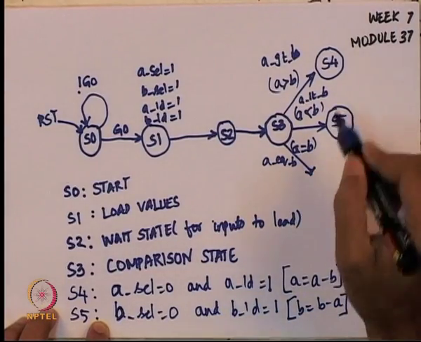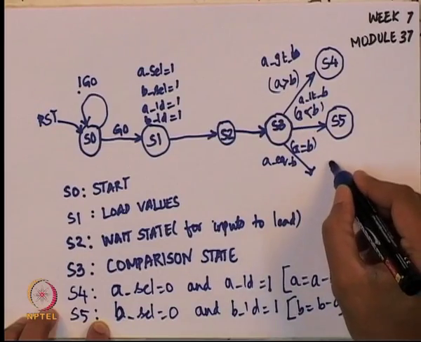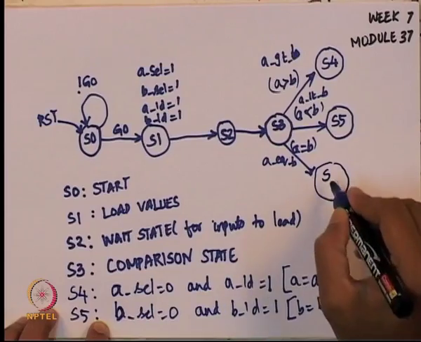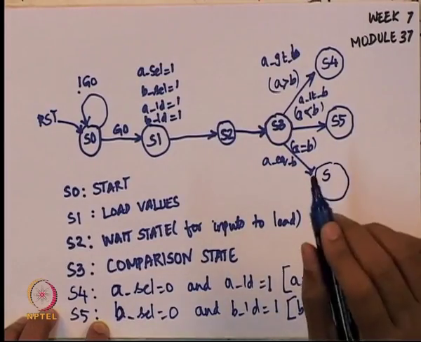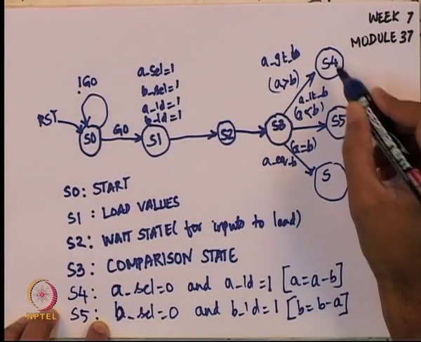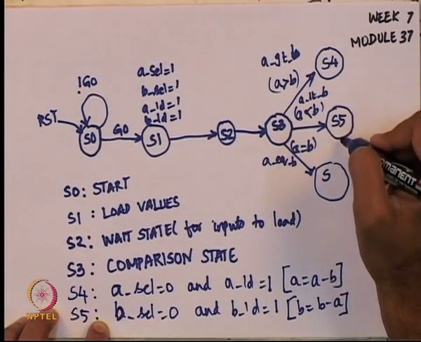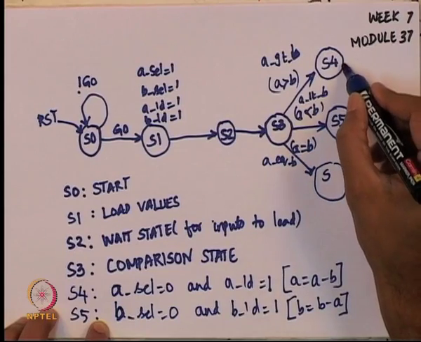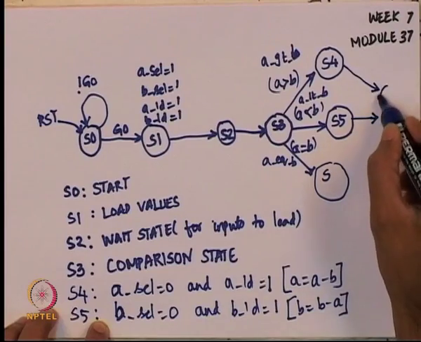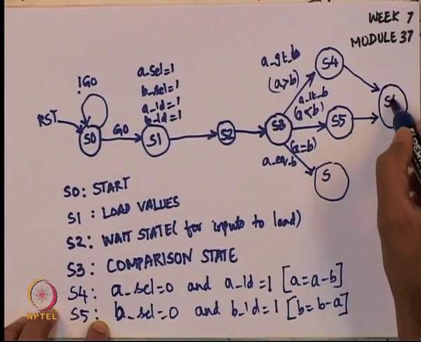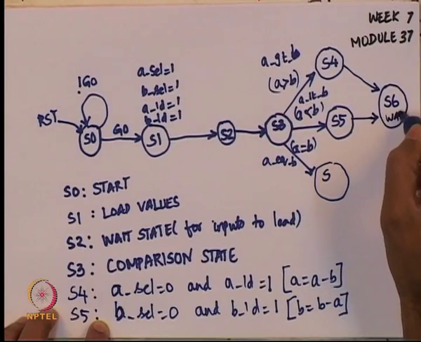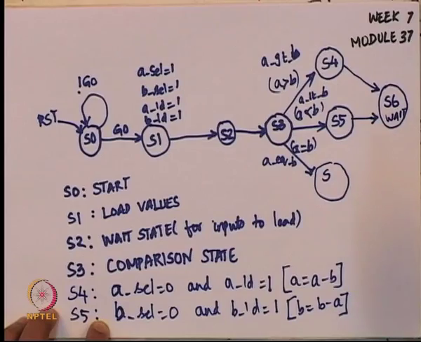And once these things happen, we can have another state where everything seems to be done. Whether a is greater than b or b is greater than a, either way, since the results are coming from the subtractor, I am going to go to a new state, and in this state I am going to wait, so that all the values get to the proper registers.